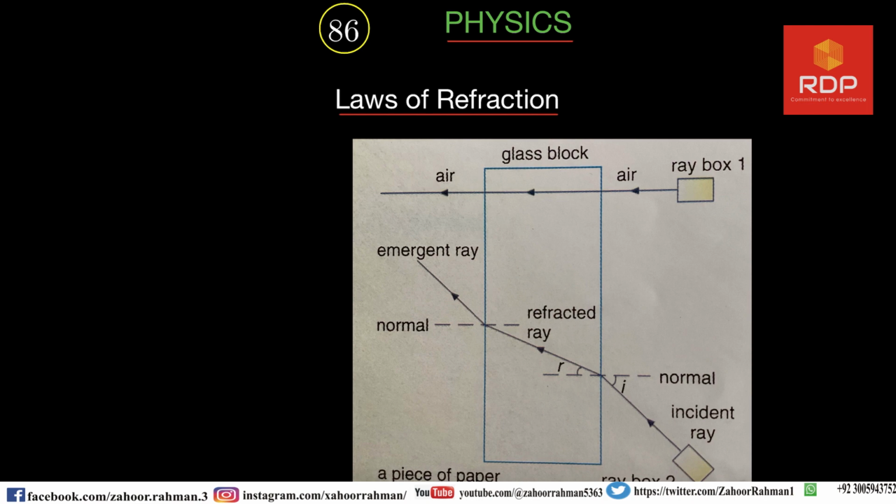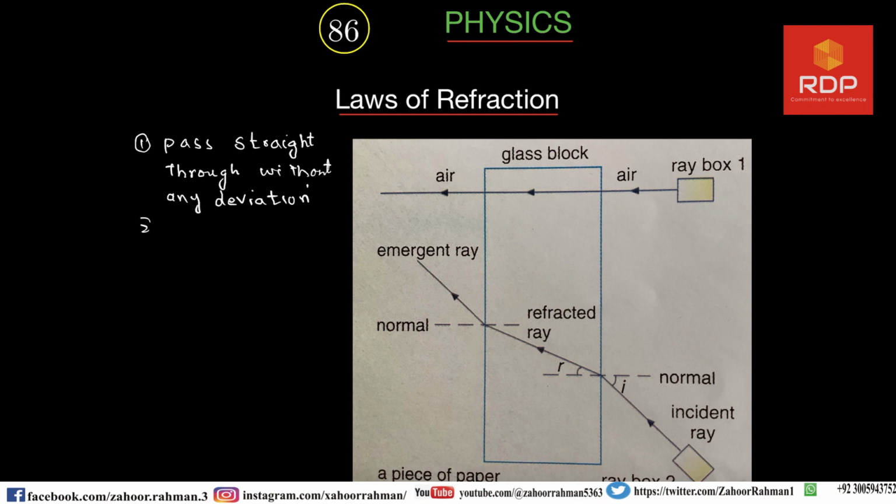The first one is the ray of light from ray box 1 passes straight through without any deviation. This is the first observation we made.